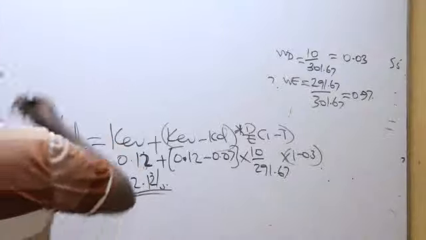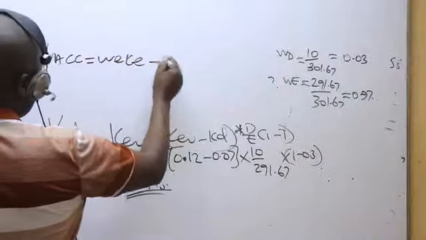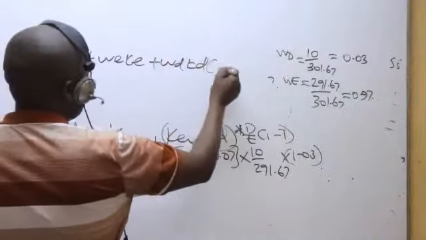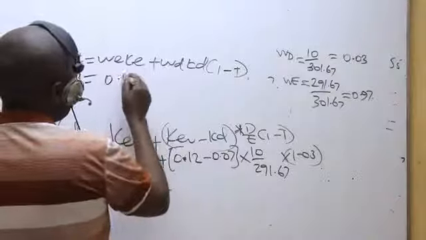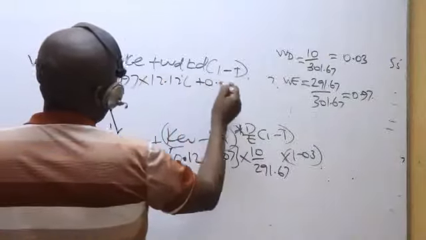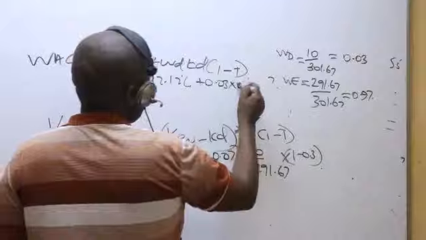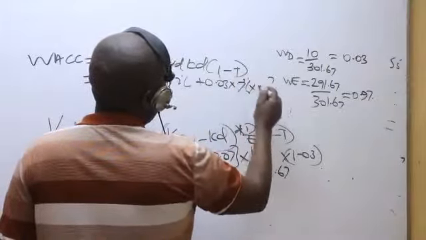So WACC will be the weight of equity times the cost of equity plus the weight of debt times the cost of debt times 1 minus tax. The weight of equity you gave me is 0.97. The KL is 12.12%, plus 0.03 times KD 0.07, which is 7%, times 0.7.